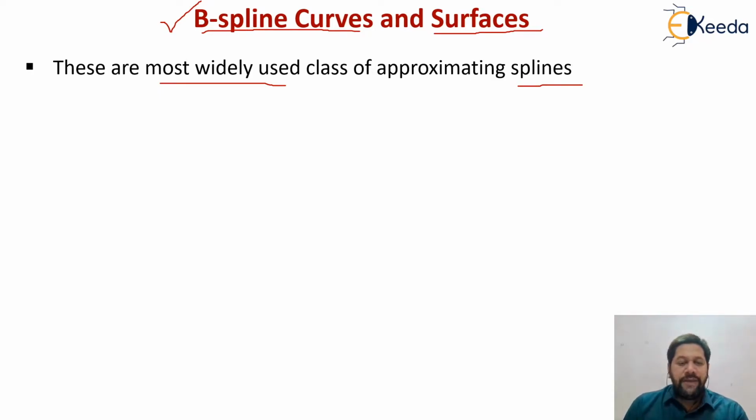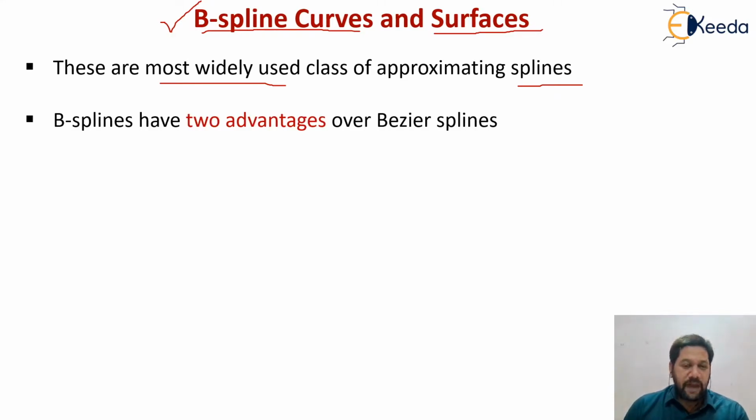There are some disadvantages of the Bezier curve that we want to cover, or another type of curve we use with the help of the B-spline curve. So B-spline curves and surfaces are the most widely used class of approximating splines.